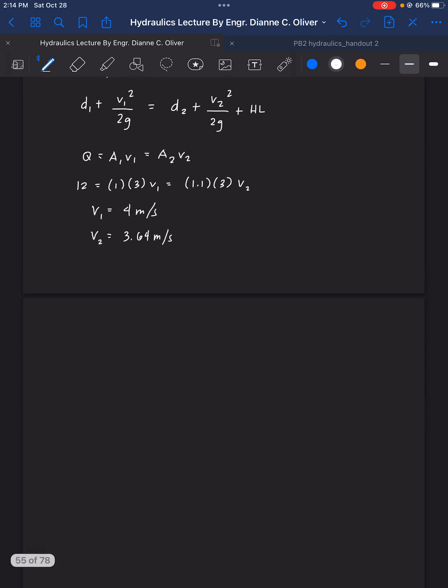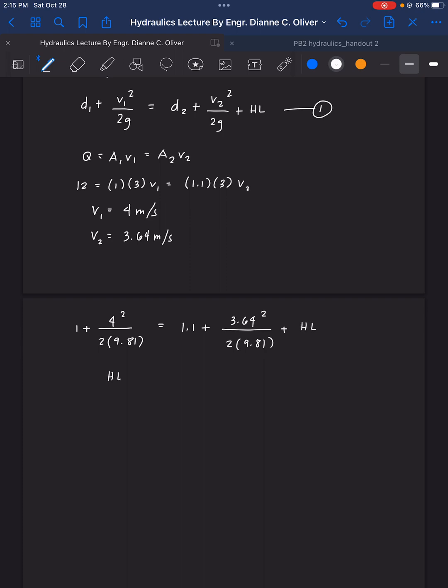Therefore, we can substitute values in our equation 1. So d1 is 1 meter plus velocity 1, 4 squared over twice the gravitational acceleration, equals d2, which is 1.1, plus velocity 2, 3.64 squared all over twice gravity, plus the head loss.